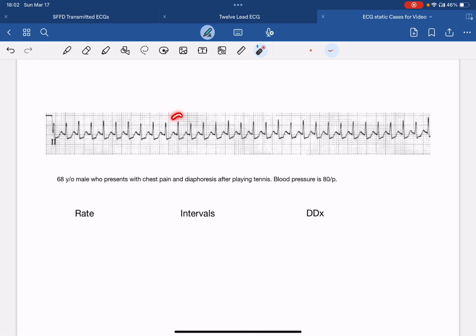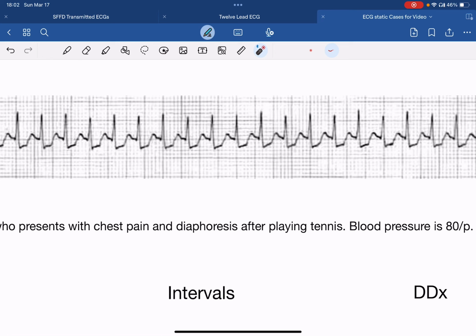So what we're going to do is take one of these R waves and compare it to a following R wave and see that relationship between a large big box to give us a more or less good range as far as what the heart rate will actually be. Now, if you'll recall, if we have one R wave on one of these borders of these large boxes, if there was to be another R wave on that same border, the rate is going to be 300 times a minute.